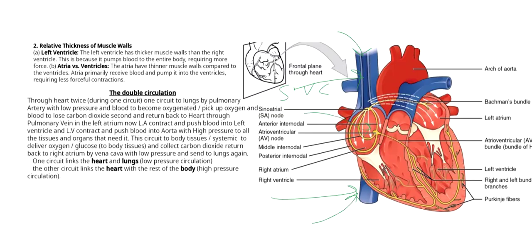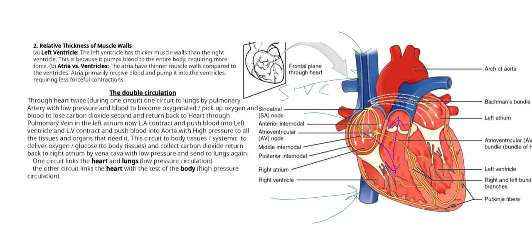right atrium. It fills up, and then the right atrium contracts and pushes the blood into the right ventricle through the tricuspid valve. Then the tricuspid valve closes and the right ventricle contracts and pushes the blood via the pulmonary artery to the lungs.